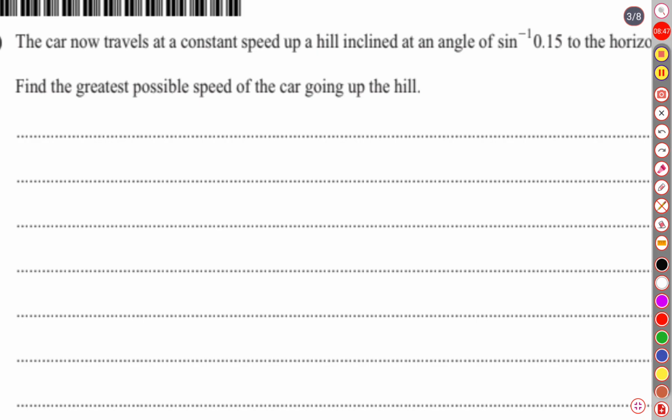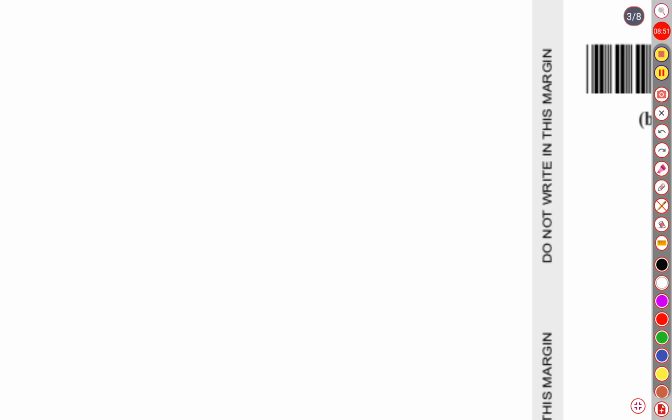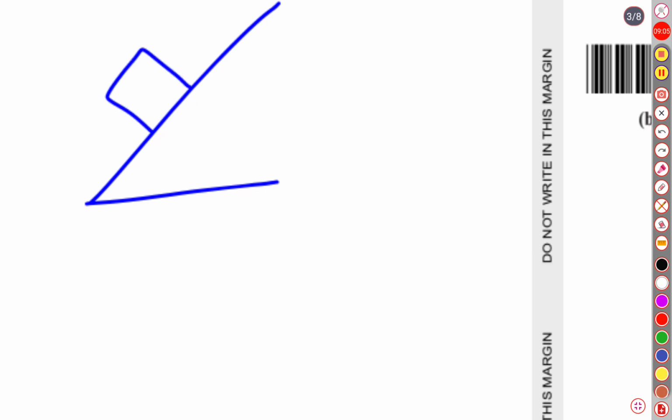Let me draw the diagram somewhere. Yes, here we can draw the diagram. Suppose this is the hill and this is horizontal ground. After that, here is the car which is moving up. Then this is weight. Weight always acts vertically downward.